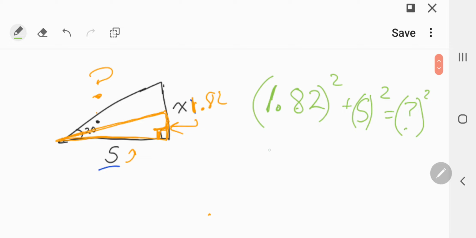I'll round this off at 3.31, I guess. Plus 25 equals question mark squared, also known as c squared. 28.31 equals, I'll change to c now, c squared.